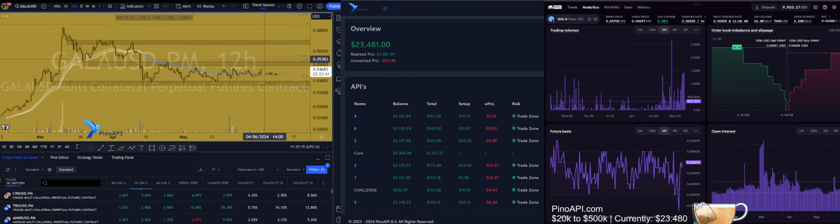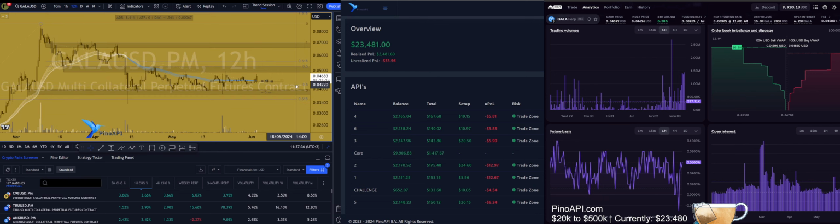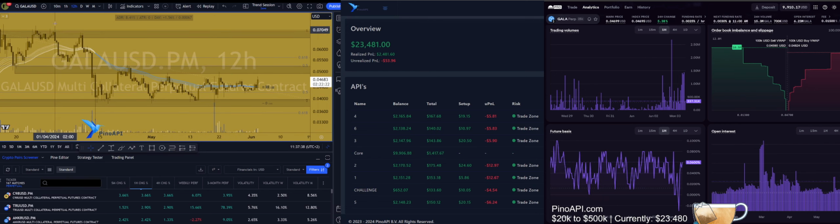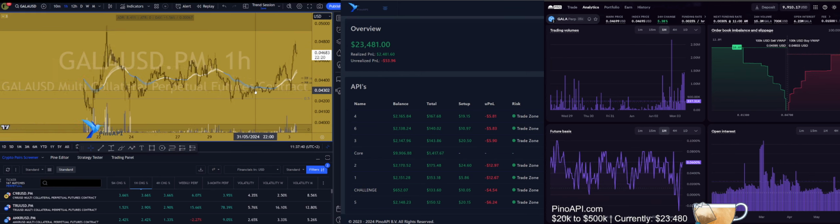The only drawback for me to not run it Mars Attack right now is that there's nothing underneath. So either this level remains strong and respected, then you have the daily 200, and from there it's just fucking void. So let's zoom in.